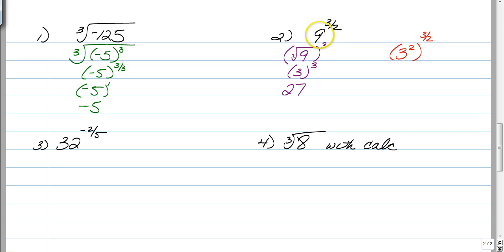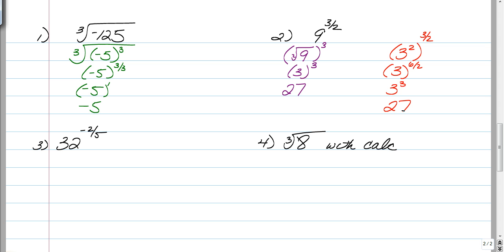All I did was change the 9 to a 3 squared, because we know 3 squared is 9. Now, previous rules have told you that when you raise an exponent to another exponent, you multiply. So 3/2 times 2 is 6/2. So we have 3 to the 6/2 power. And we know 6 divided by 2 is 3, so this is just 3 cubed, which we already know is 27.